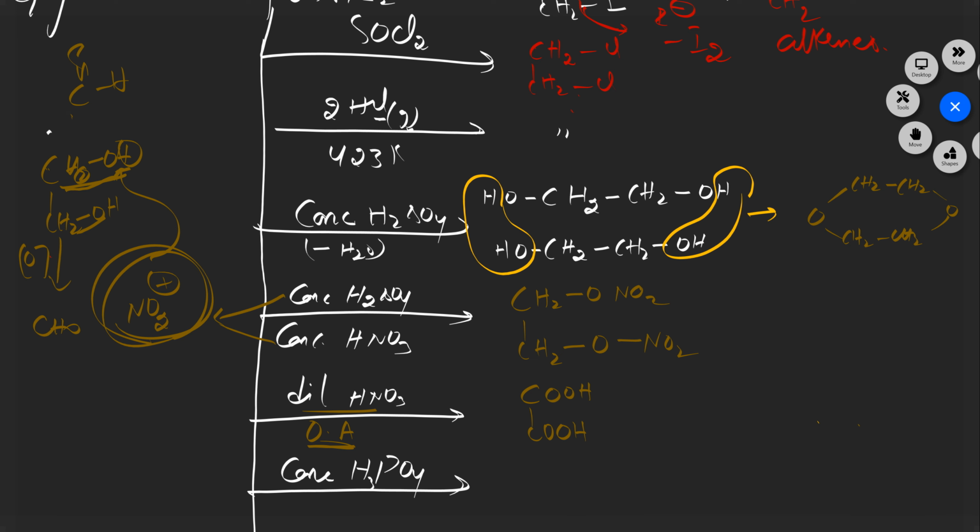If I do one more oxidation, what will form? There is no hydrogen to be removed here. It is going to be attack of oxygen. It forms COOH. Carboxylic acids are formed if dilute HNO3 reacts with glycol.